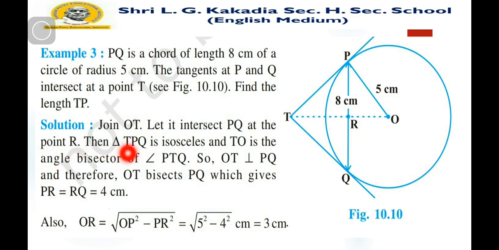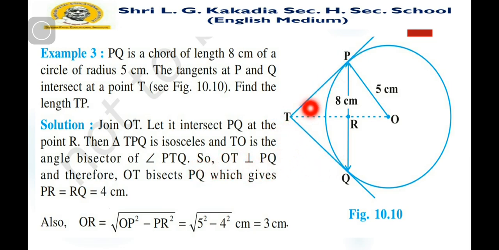Then triangle TPQ is isosceles, and TO is the angle bisector of angle PTQ. Since it is an isosceles triangle, TO will be the bisector of angle PTQ.